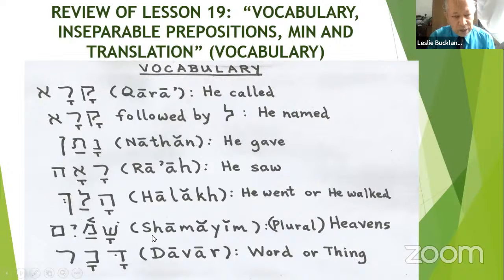Now let us look at some nouns. Shamayim is a plural form of the noun and it means heavens. Davar means word or thing.